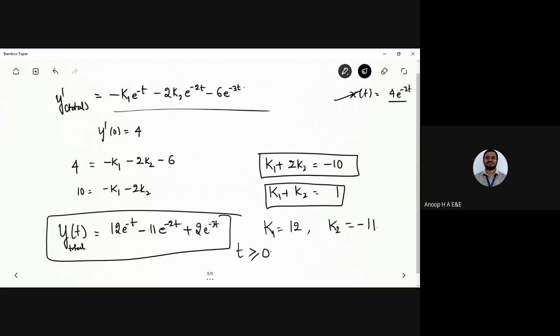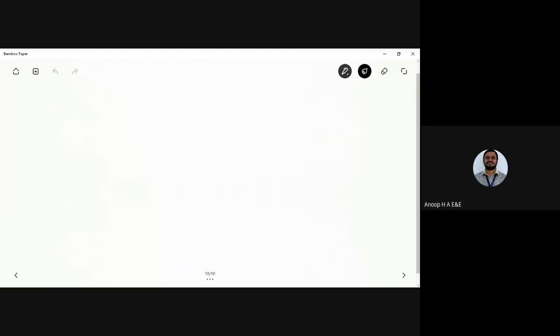So this is how you can find the total response of a system. Now for the second input, I'll give you a hint: x of t is equal to 4 times e power minus 2t.